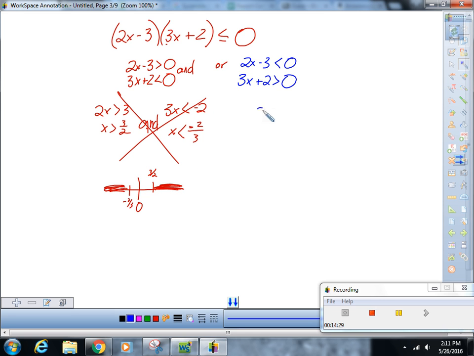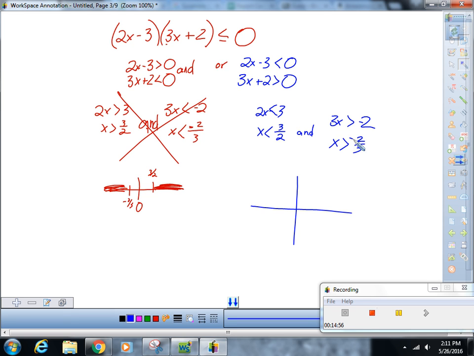Maybe it's 2x is less than 3, x is less than 3 halves, and 3x is greater than 2, x is greater than 2/3. So can x be less than 3 halves, which is 1.5? This should be a negative, and that should be a negative.